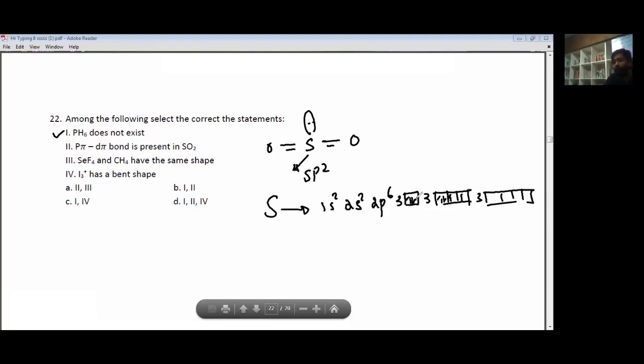For sp2 hybridization, an electron is excited so that the configuration will be 3s1, 3p3. This orbital should be unpaired, then only you obtain sp2 hybridization. If it is paired, then that will be a lone pair.